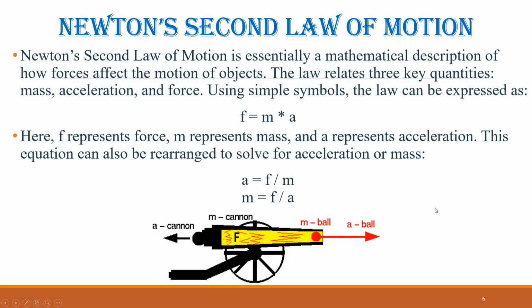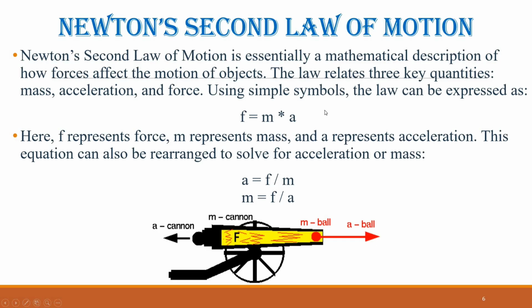Newton's second law of motion. Newton's second law of motion is essentially a mathematical description of how forces affect the motion of objects. The law relates three key quantities: mass, acceleration, and force. Using simple symbols, the law can be expressed as force equals mass multiplied by acceleration.